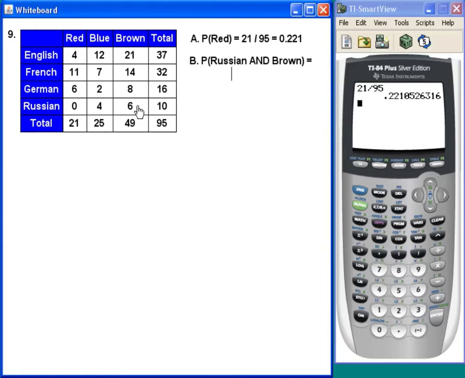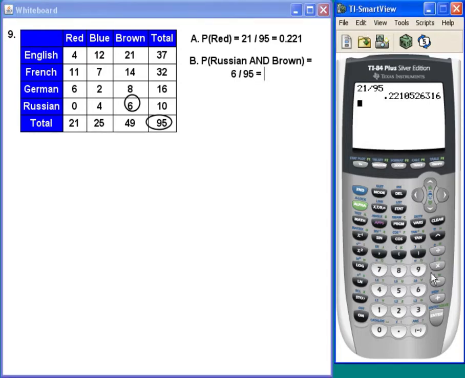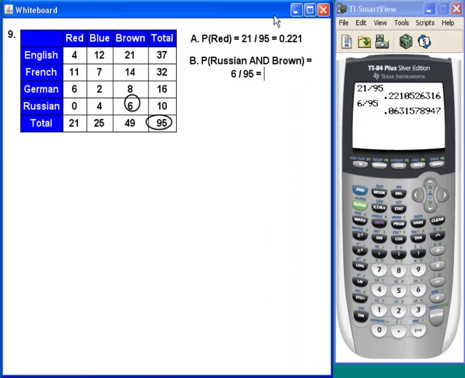We just have to look to where the 2 columns intersect each other. So Russian and brown, there are 6 of those books out of the total of 95. So 6 over 95, and that's approximately 0.063.